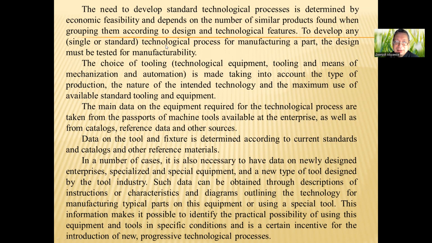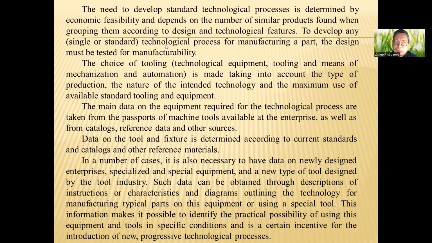The main data on the equipment required for the technological process are taken from the passports of machine tools available at the enterprise, as well as from catalogs, reference data, and other sources.